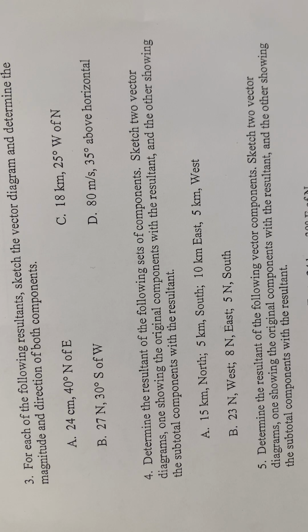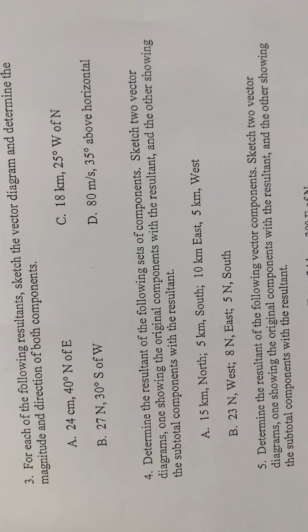That makes things a little bit simpler. When we go to number 5, one of the components will not be set at a cardinal direction. It will be at some angle, and so we'll have to do a little bit of extra work there. But number 4 is pretty simple for us. So we're going to do A together, and then you'll do B.